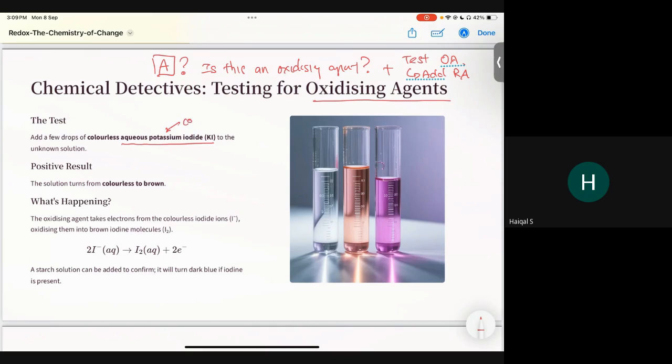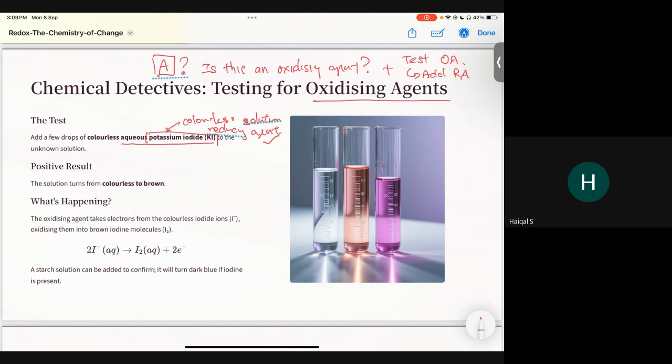This is a colorless solution. It is a reducing agent. So I want you to take note: KI, potassium iodide, is a reducing agent. Remember this. After I add potassium iodide, it's a colorless solution.